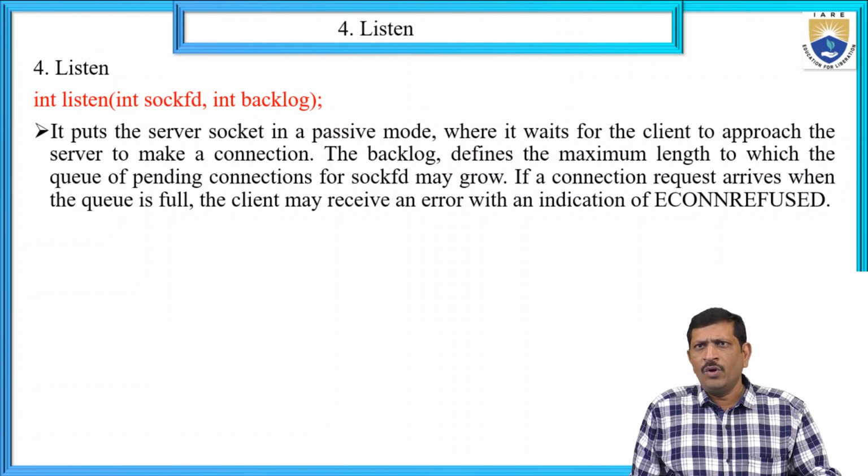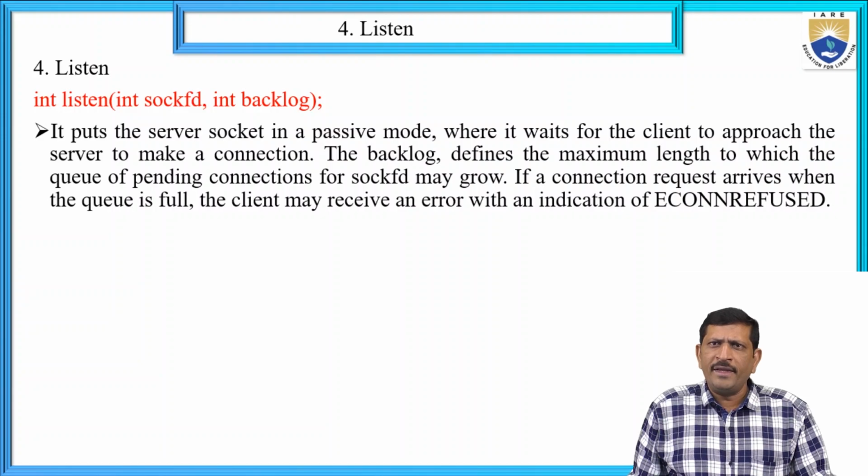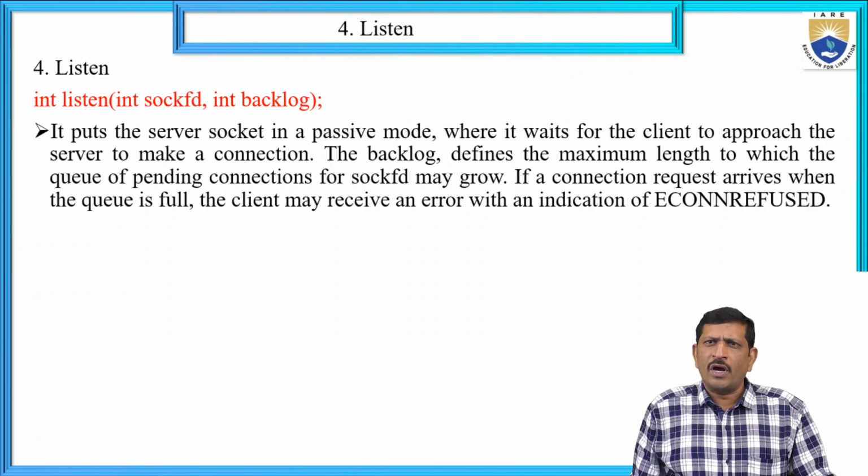If it is not listening, we can't transfer the data from client to server. Here the backlog defines the maximum length to which the queue of pending connections for a socket file descriptor may grow. It puts the server socket in passive mode, where it waits for the client to approach the server to make a connection.